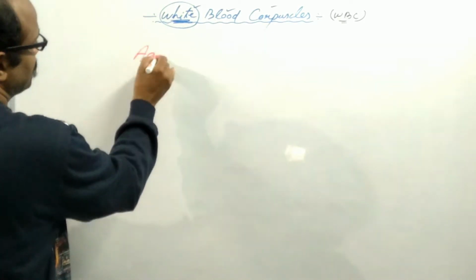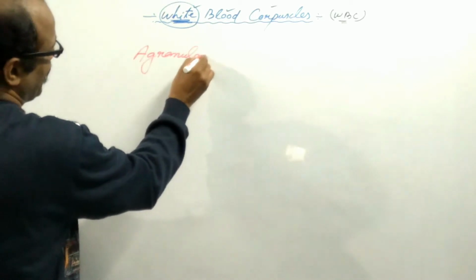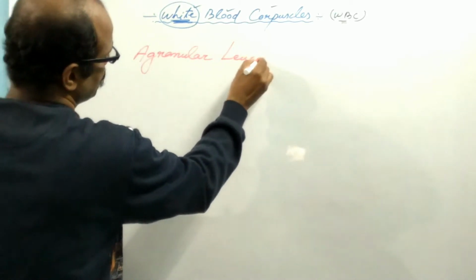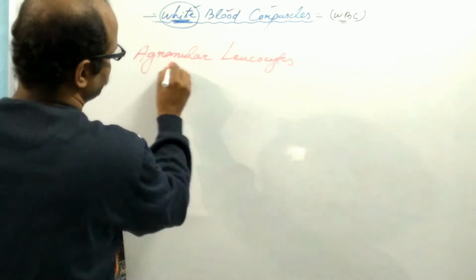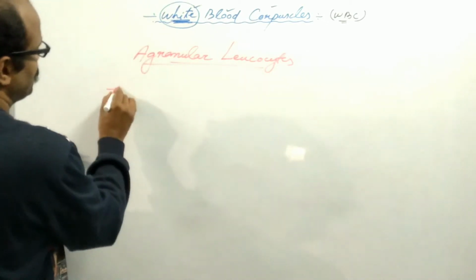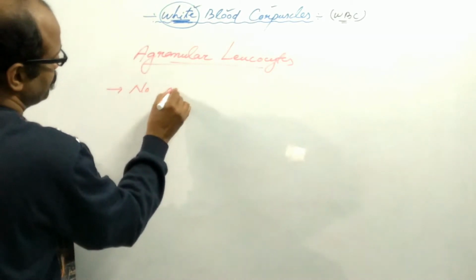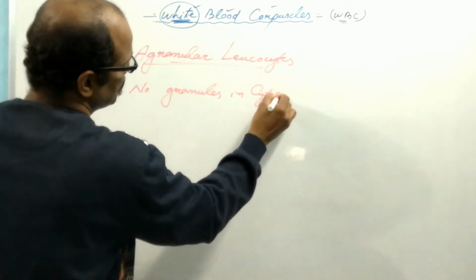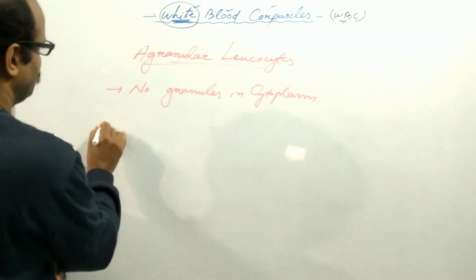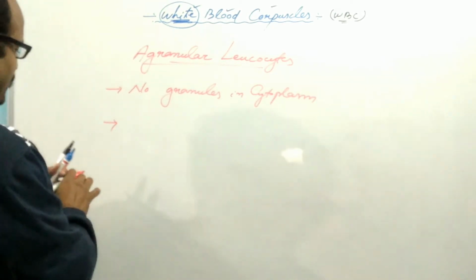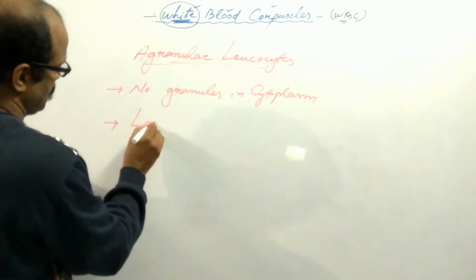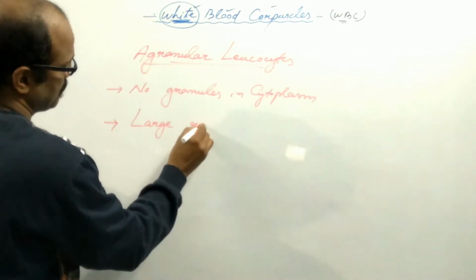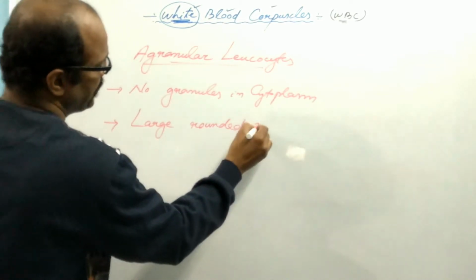Now come to the agranular leukocytes. There are no granules in the cytoplasm, and it has a large rounded nucleus.